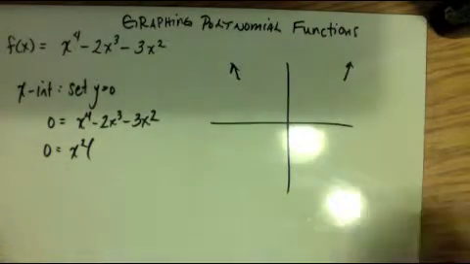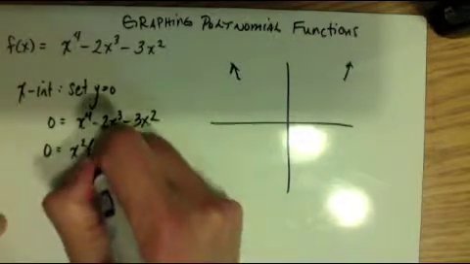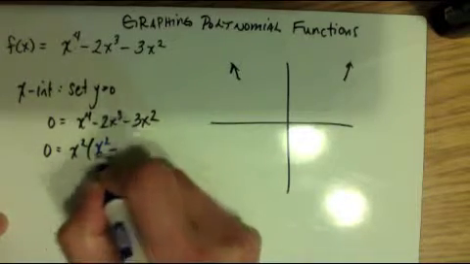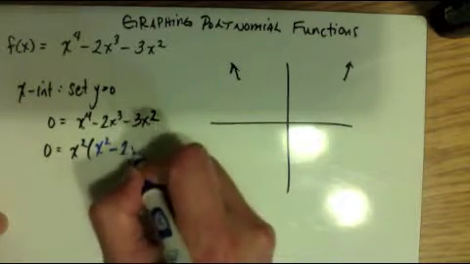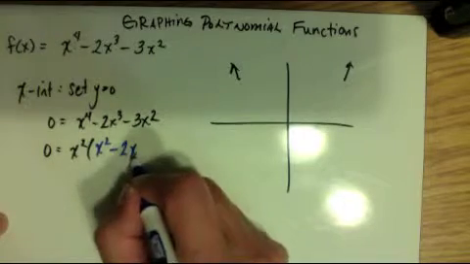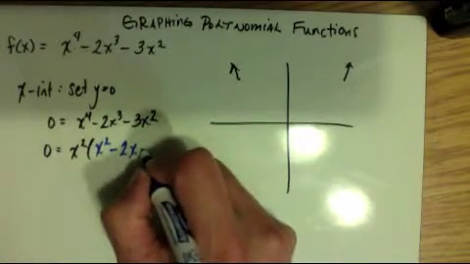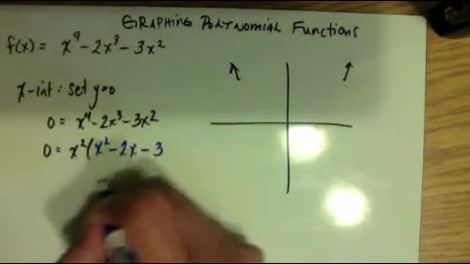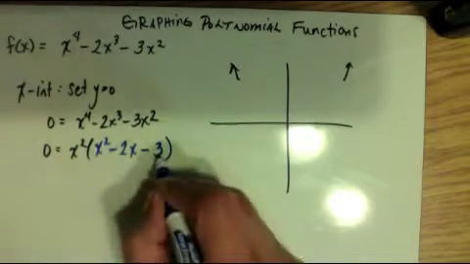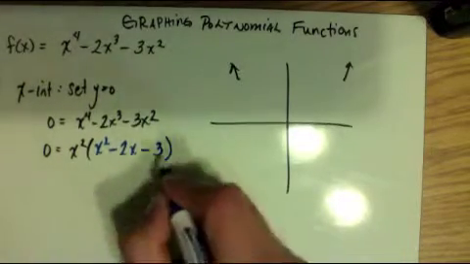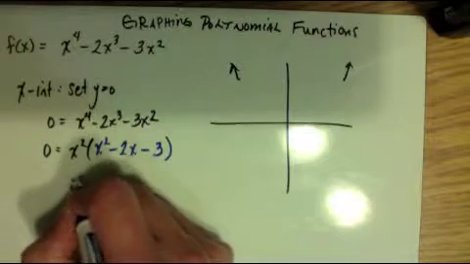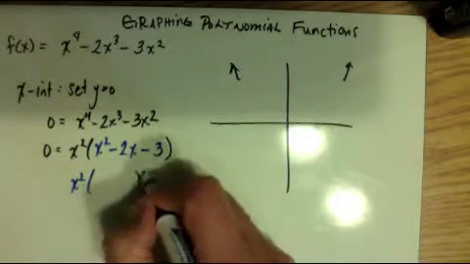What's that going to leave us with? It's going to leave us with x squared in the front, then x squared minus, this is 2x cubed, so we need a 2x. x squared times 2x is 2x cubed, minus a 3, and that's all we need because x squared times 3 is 3x squared. Now this guy here, we can continue to factor.